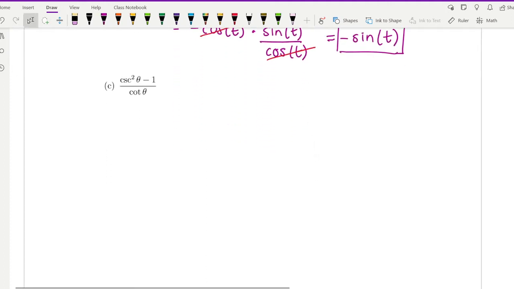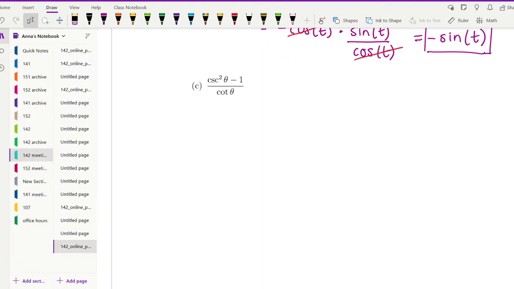Okay, so next up we have a fraction going on. In the numerator we see cosecant squared of theta minus 1. Anytime you see an expression that involves any of the trig functions being squared and then added or subtracted with 1, that should make you think of the Pythagorean identities, and you can try to see which one might fit.